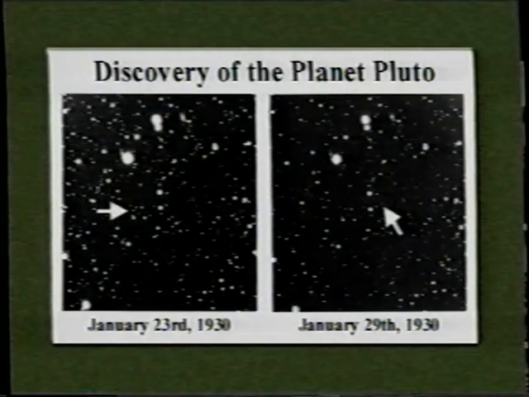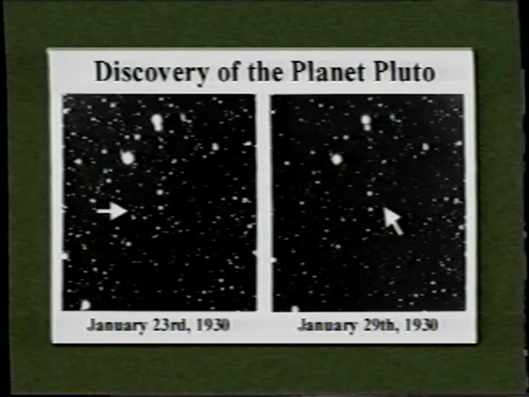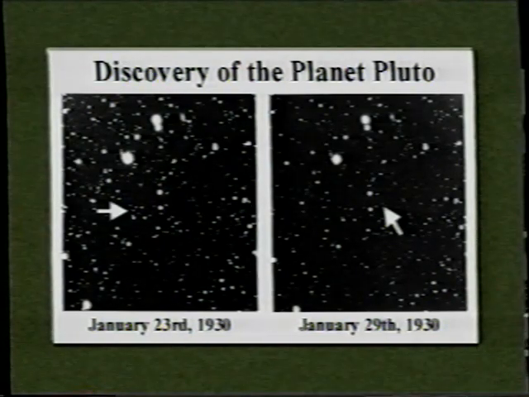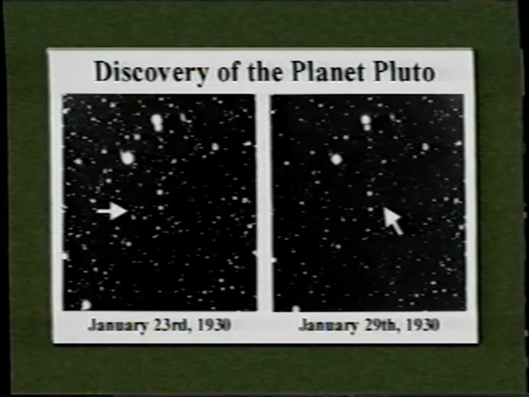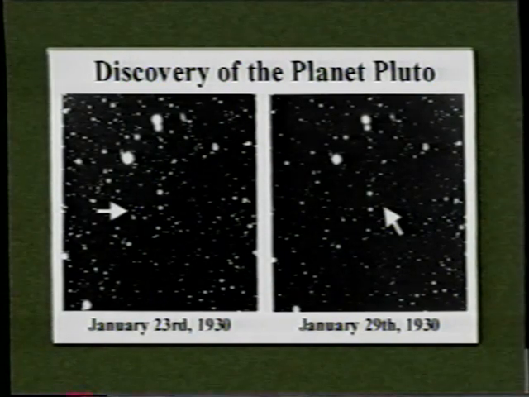The search was resumed by American astronomer Clyde W. Tombaugh, who painstakingly compared photographic plates of the night sky taken several months apart. He was looking for an object that moved relative to the fixed backdrop of the stars. Well, Pluto was discovered by Tombaugh on February 18th, 1930, from this photographic survey.